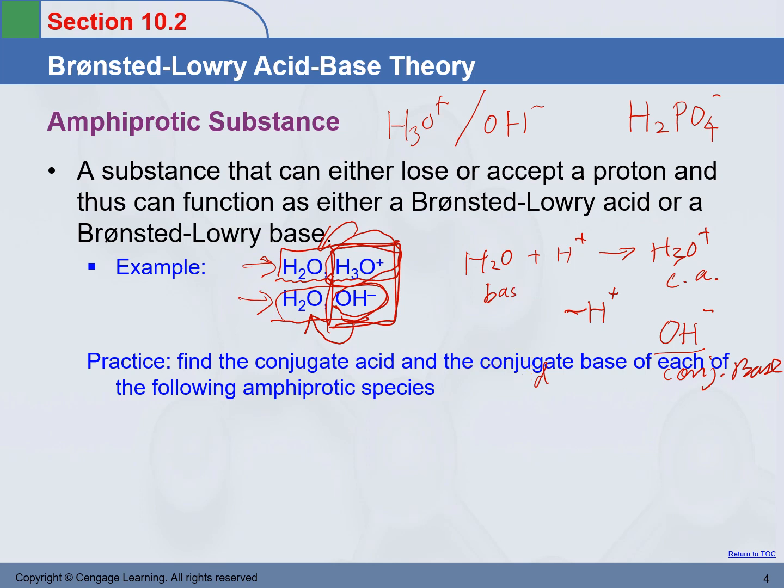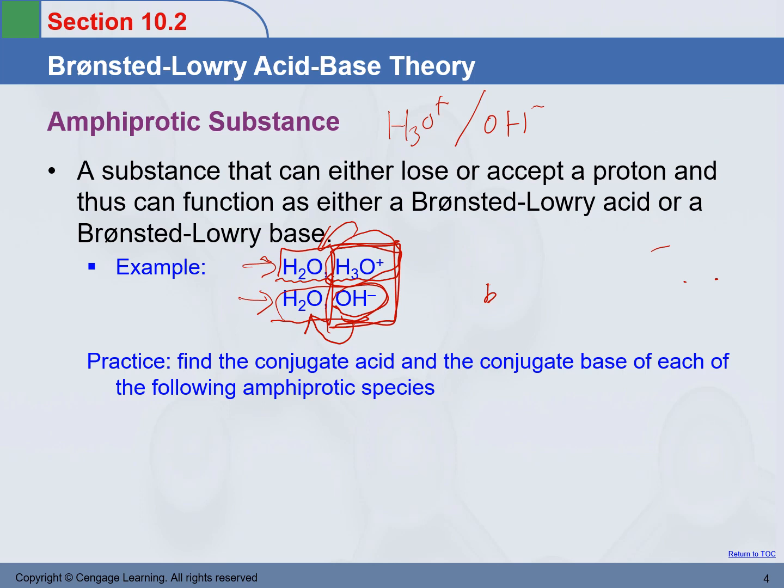Find the conjugate acid and the conjugate base of each of the following amphiprotic species. They will give us some amphiprotic species like water, and then the task is to find its conjugate acid and its conjugate base. All right, we're going to do one together.